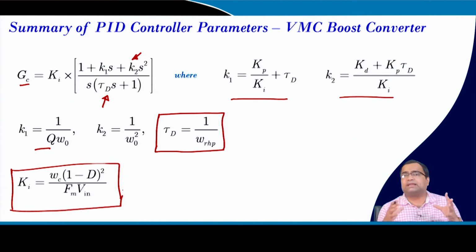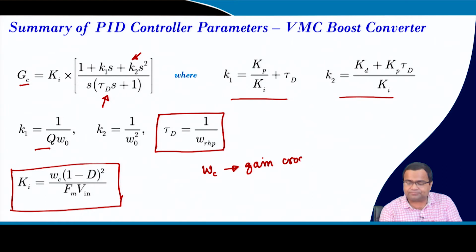by computing the gain crossover frequency, which is the bandwidth that we have discussed. It is in radian per second.